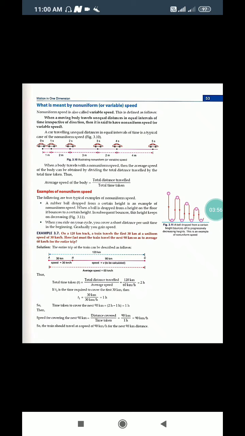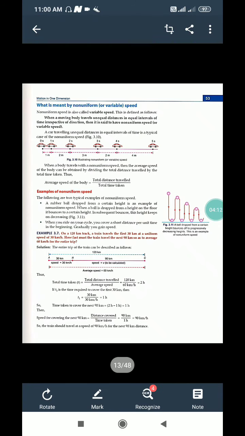Suppose that we are running a car in a very crowded area, in a very crowded street. Suppose that our MG Road in Kolkata, okay, or Bada Bazaar in Kolkata, we will not be able to maintain our uniform speed.